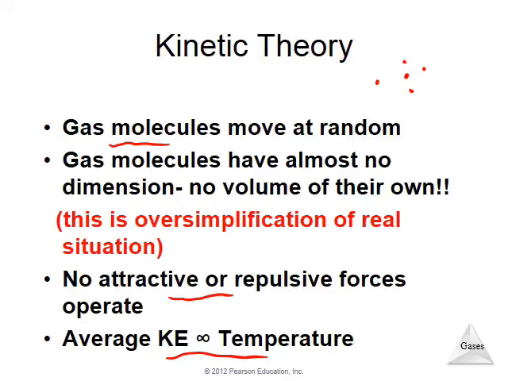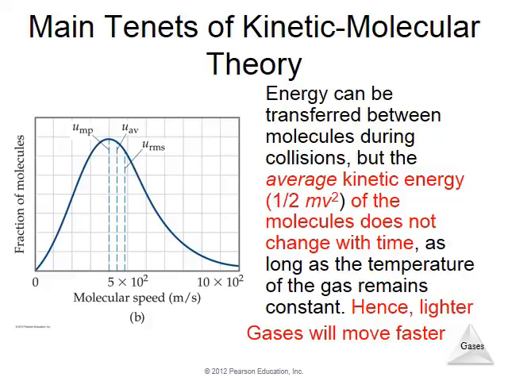When you increase temperature, average kinetic energy, which is given by half mass times velocity squared, is also going to increase. Now here you're looking at molecular speed along the x-axis and fraction of molecules along the y-axis.